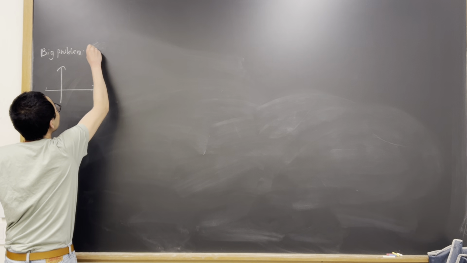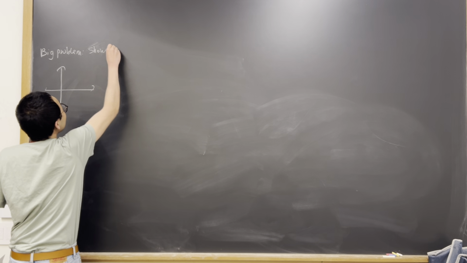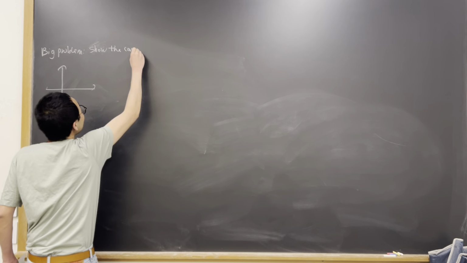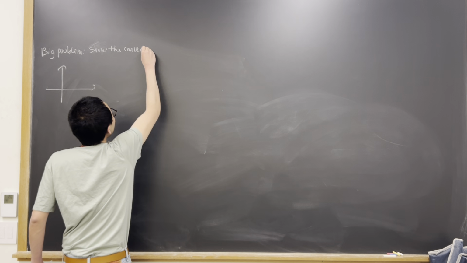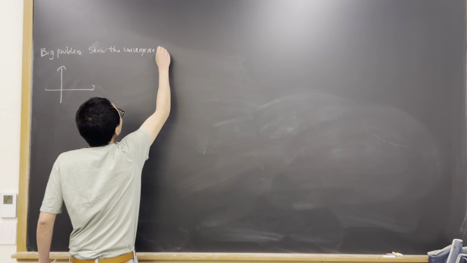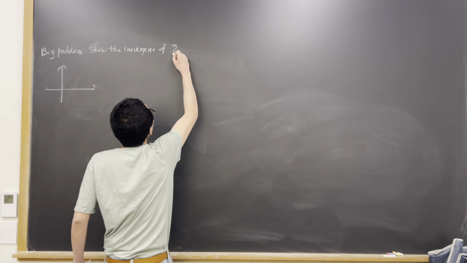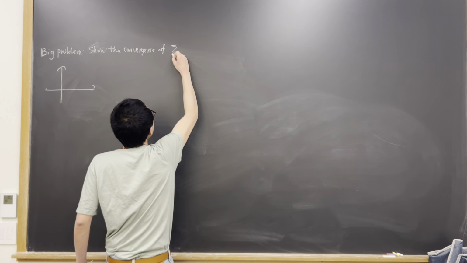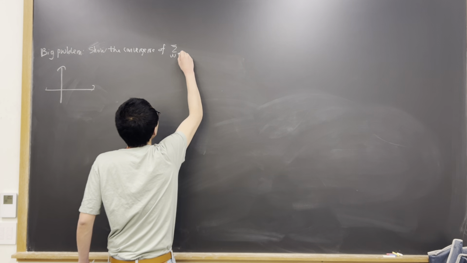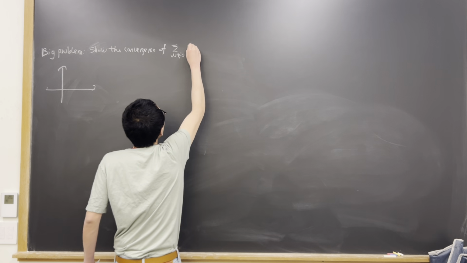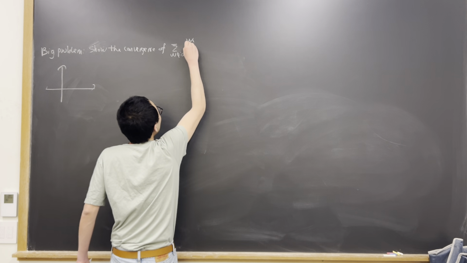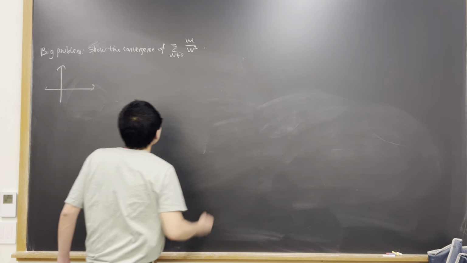So show the convergence of the sum over all omega not equal to 0, where we have 1 over omega squared.